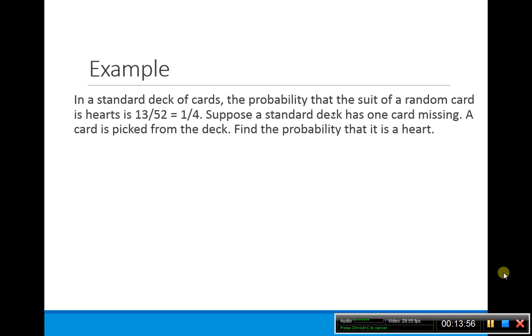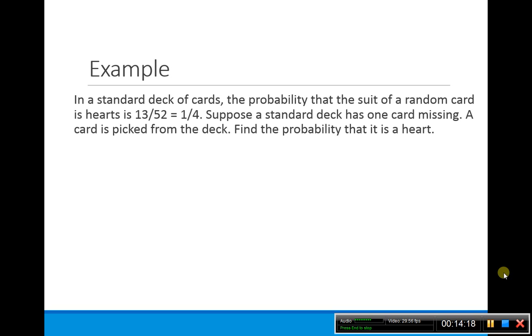Okay, let's do an example. If you have a standard deck of cards, the probability that a random card is a heart is 13 out of 52, because there are 4 different suits and 52 cards. So you have a 1/4 probability of picking hearts.